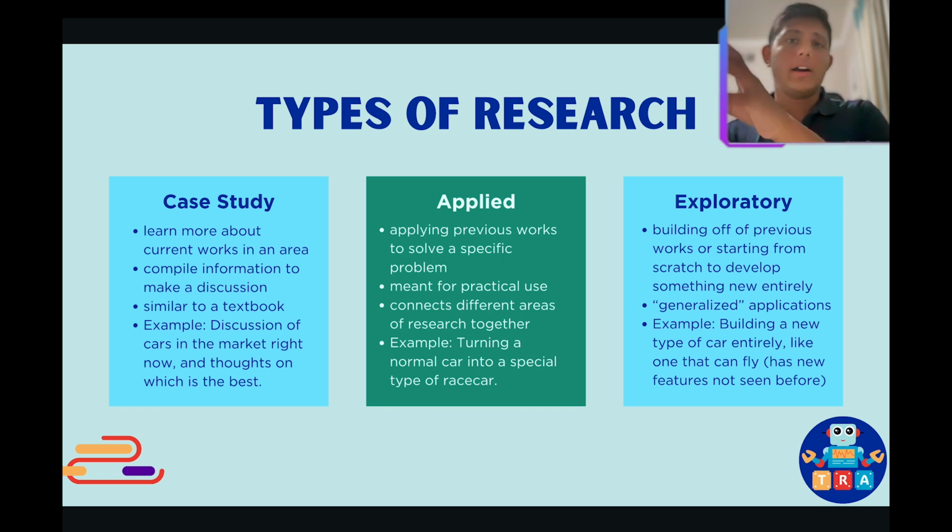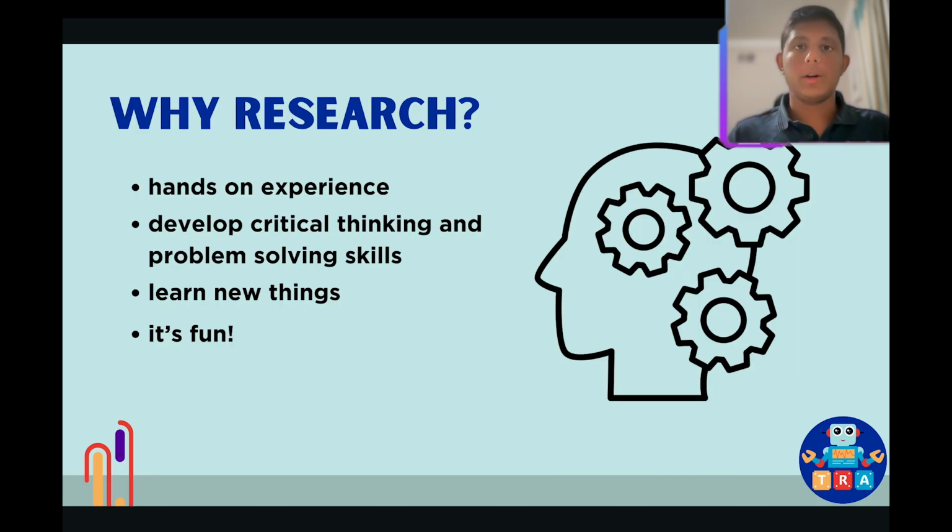Like how can I move that algorithm? What do I have to adapt about it so that it will work really well for libraries? And for exploratory research, you're thinking of a brand new solution, really delving into the unknown for something that does not exist yet, and that really requires critical thinking and problem solving skills. So through research, you build those skills a lot, and those can be useful in literally any area because these are needed everywhere.